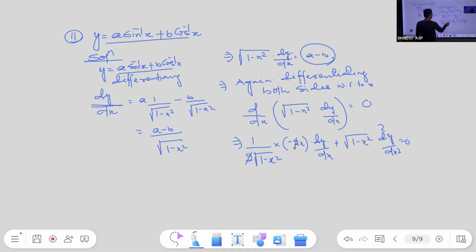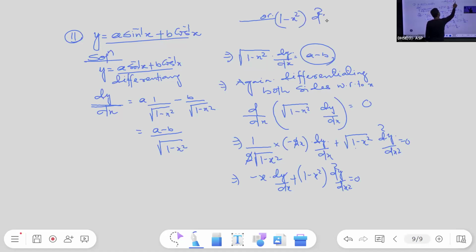After simplification, this will be minus x dy upon dx plus under root 1 minus x square into under root 1 minus x square, which is 1 minus x square, into d square y upon dx square is equal to 0, or 1 minus x square into d square y upon dx square minus x dy upon dx is equal to 0, is the required differential equation.